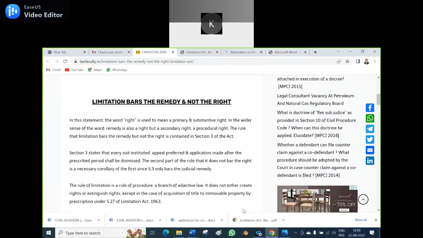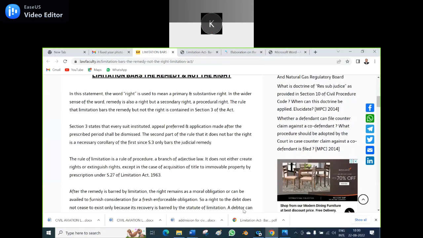So the topic is limitation bars the remedy and not the right. Actually, right is primary, sir, and it is a substantive right. But the remedy is a secondary right. According to this, limitation bars the remedy and not the right.